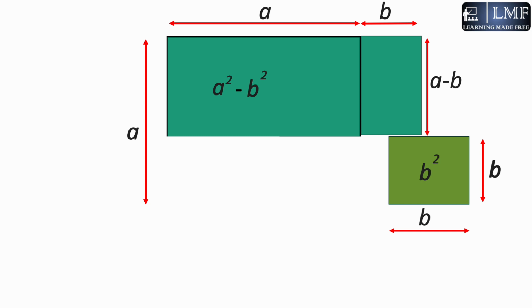Now solving for a square minus b square here, a square minus b square is equal to a plus b, which is the length of the rectangle, into the breadth of the rectangle, that is a minus b. That gives us our formula: a square minus b square is equal to a plus b into a minus b.